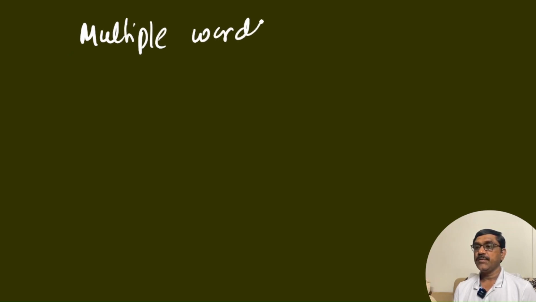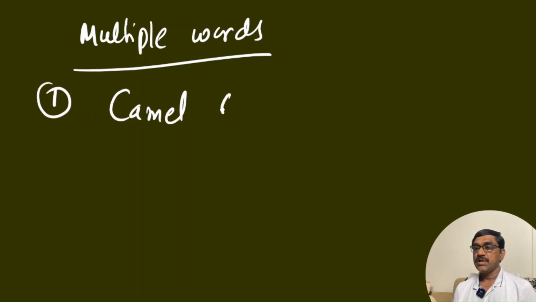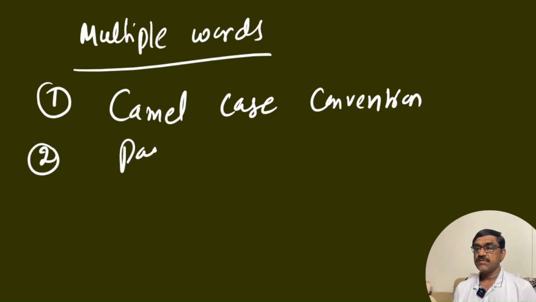Now, after completing the 5 conventions or the 5 basic rules for constructing an identifier or variable, we are coming to how to represent multiple words in variable names. What are the different conventions we are going to use to represent multiple words in a variable name? The first one is the camel case convention, and the second one is the Pascal case convention.